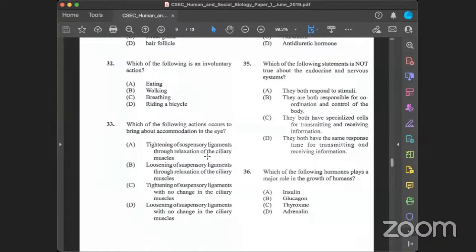Yeah, what's this one? What happens with the ciliary muscles and the suspensory ligaments during accommodation?